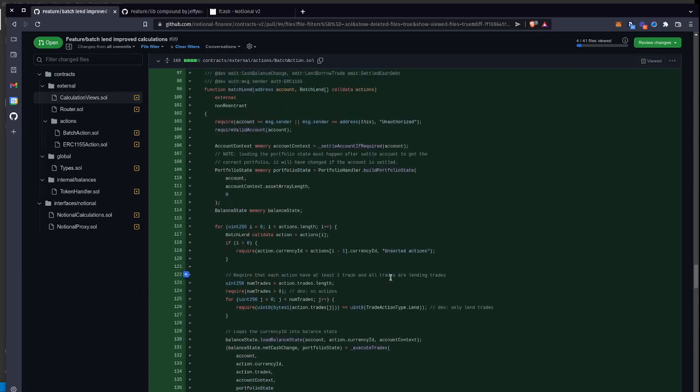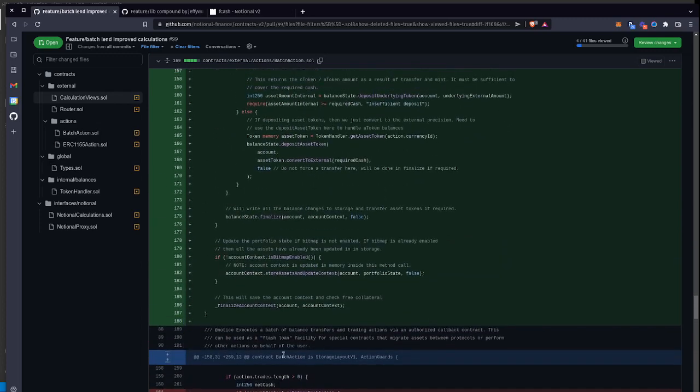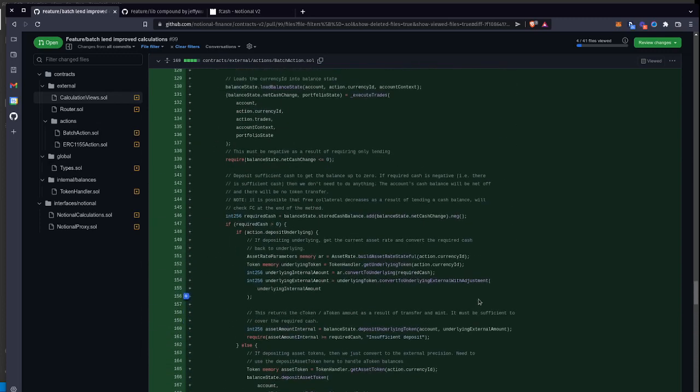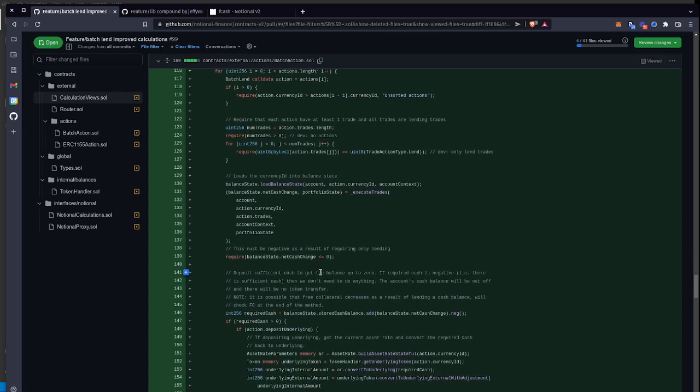The normal batch trade action that Notional has does a number of ERC20 token hops and redeems to execute the lending action. It's pretty gas inefficient, so this is a significant reduction. It removes at least 1 C token redemption at the end, about 100k gas.